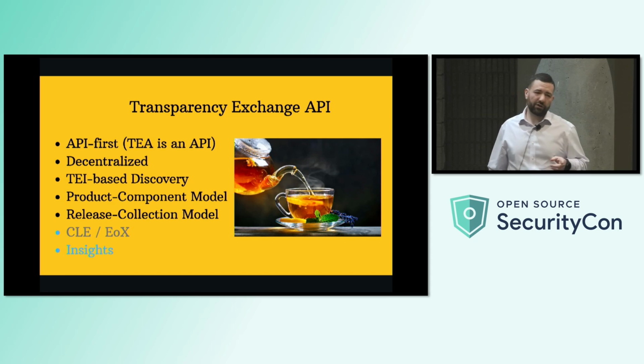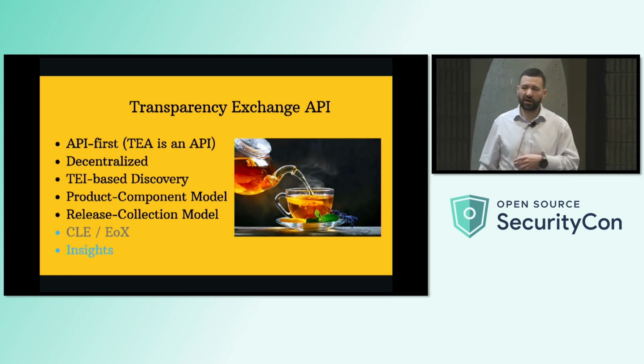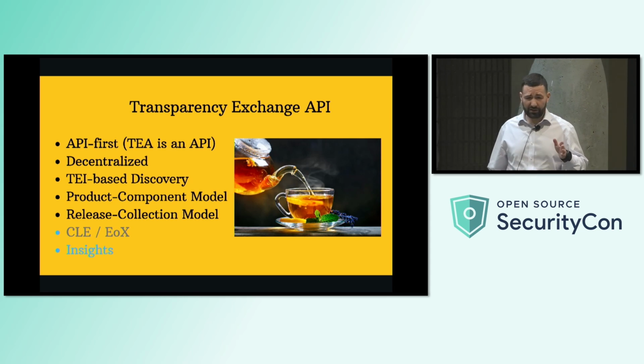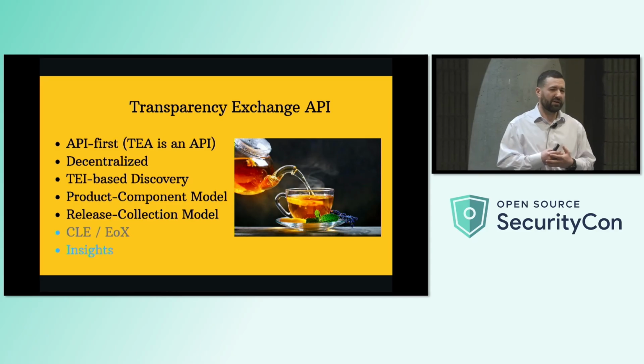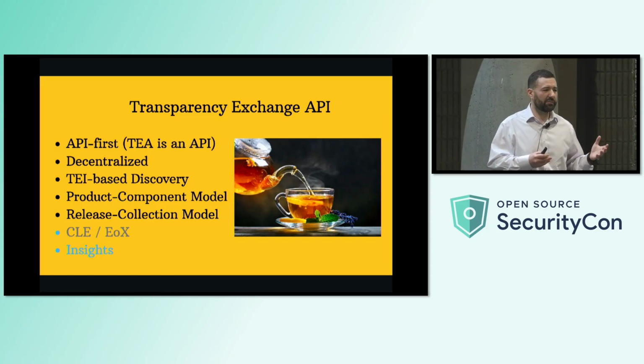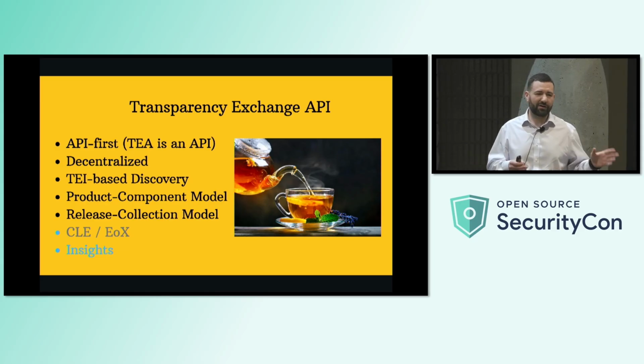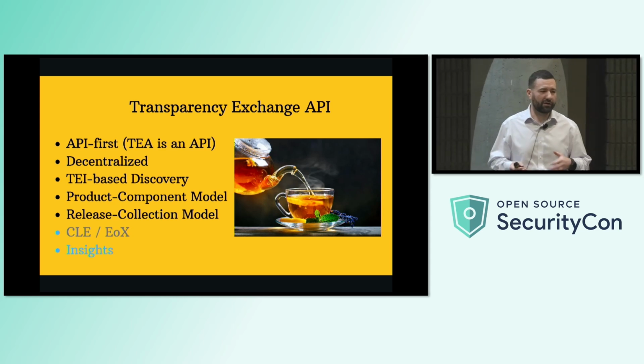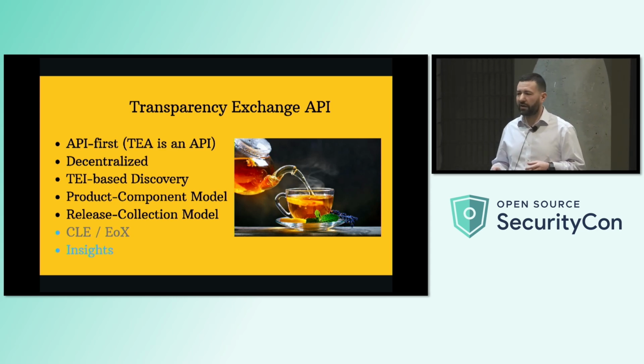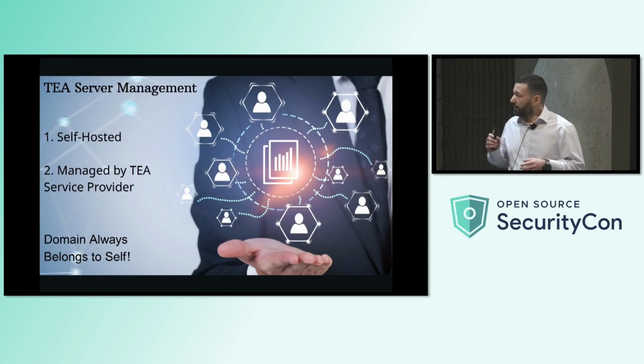For the first standard, it should include a common lifecycle enumeration, that is, end of life type of things. In the next versions, not the first one, it should have something we call insights. Insights is where you can ask questions like, do I have Log4j anywhere in my stack as a dependency? Or do I have a specific vulnerability anywhere in my stack? Am I affected by this or not? So those are the insights.